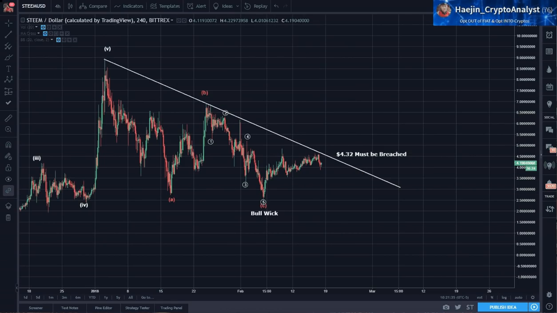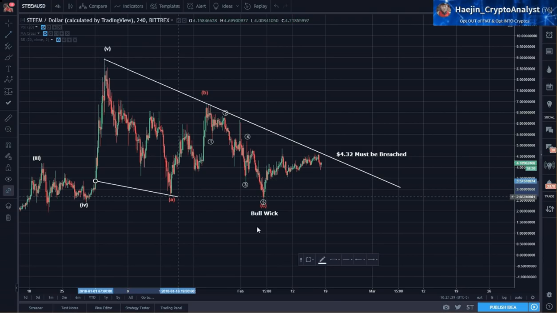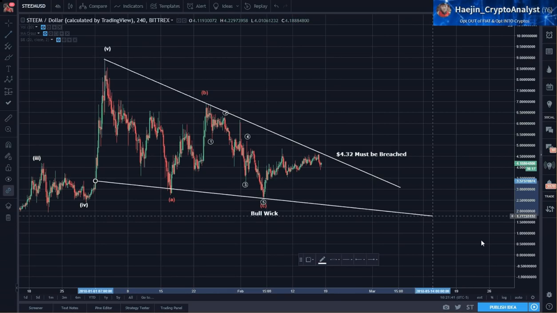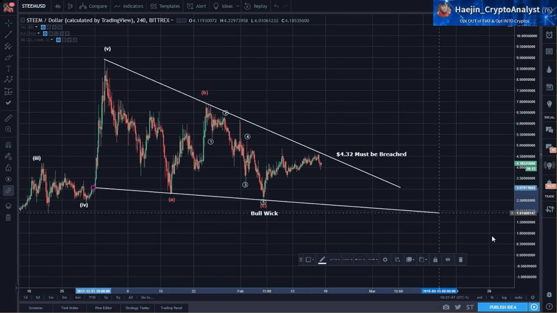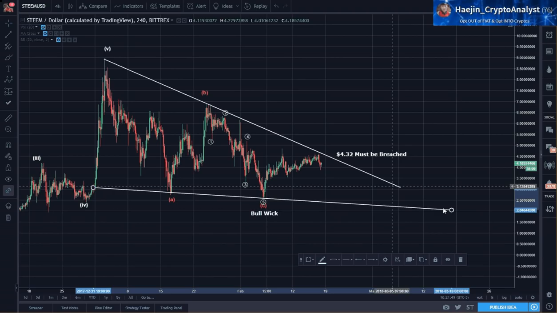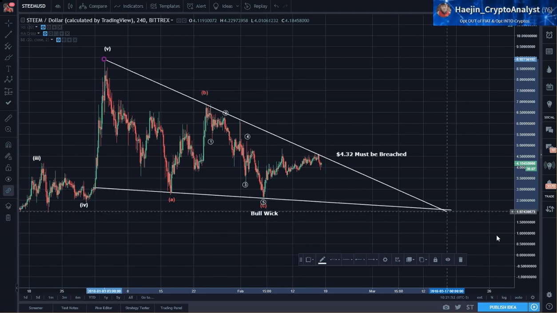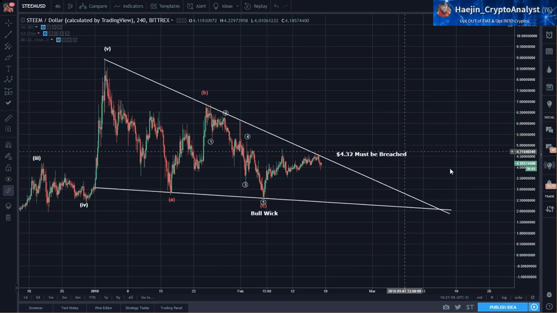So if now I took this bottom line and connected the bottoms like this, this would be very interesting as well.